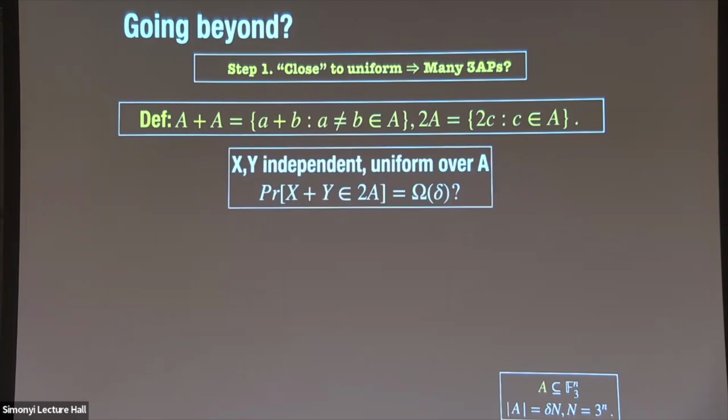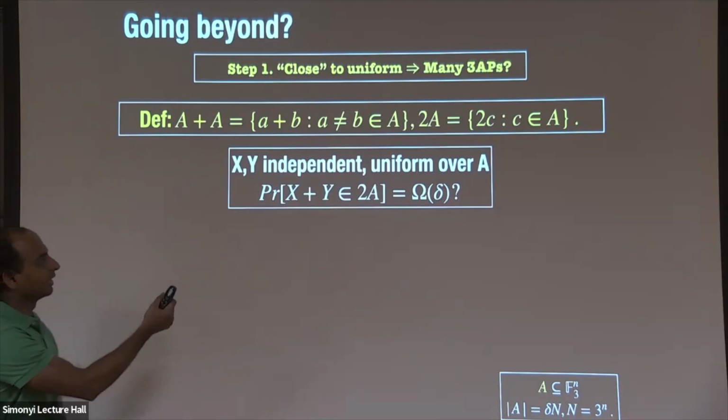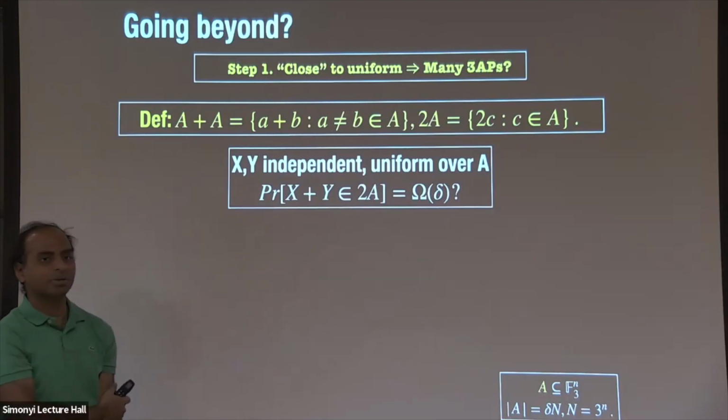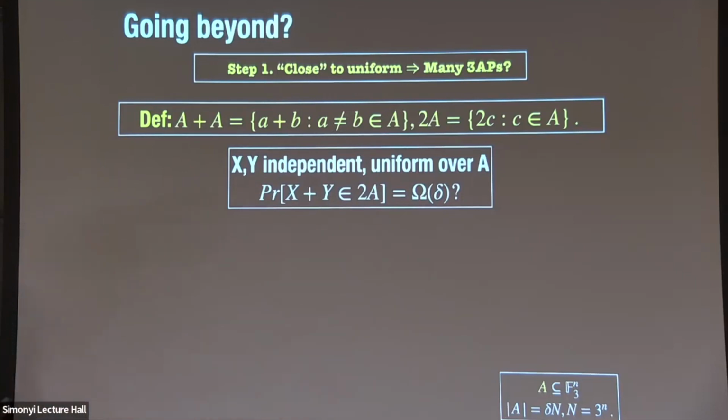And that's the following. I'm going to choose x and y as independent and uniform over the set A. And I'm going to ask, what's the probability that x plus y lands within the set 2A? If this probability is close to what it would be for a random set, then I am good.